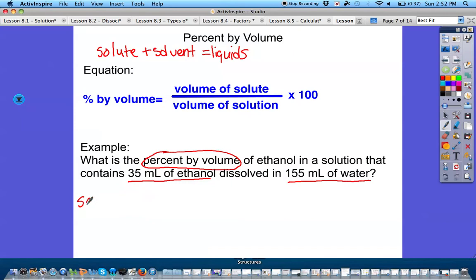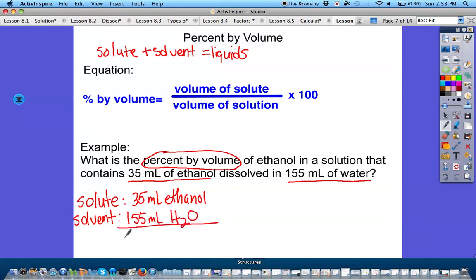So our solute is going to be the ethanol. And the 155 milliliters of the water will be the solvent. Add those together, we get 190 milliliters of solution.